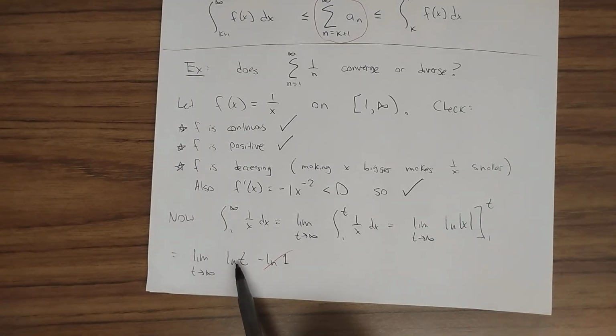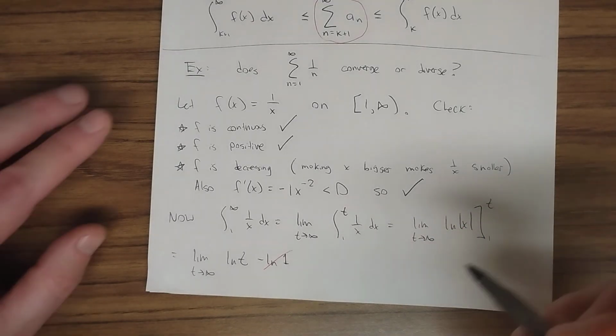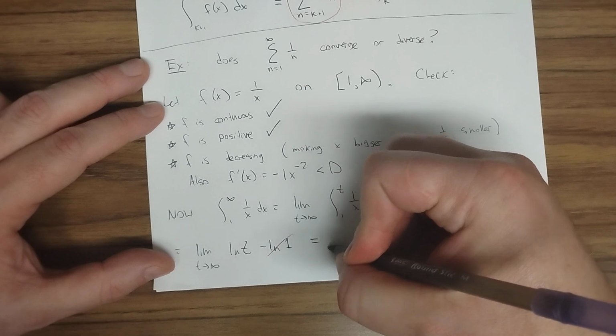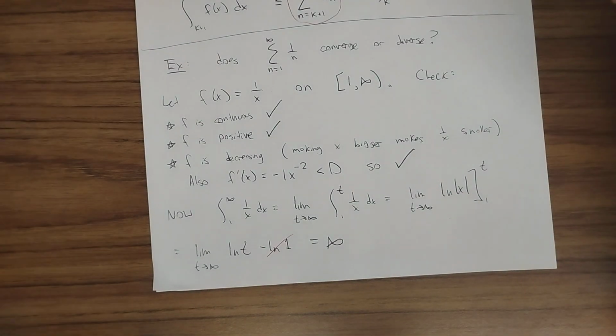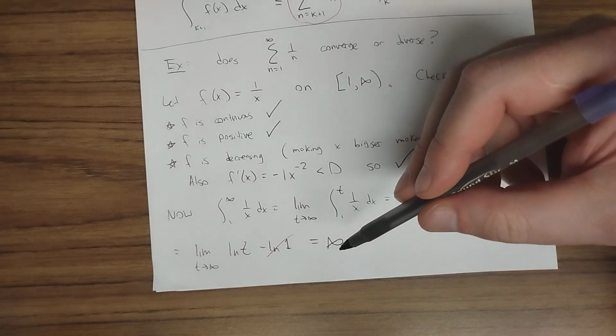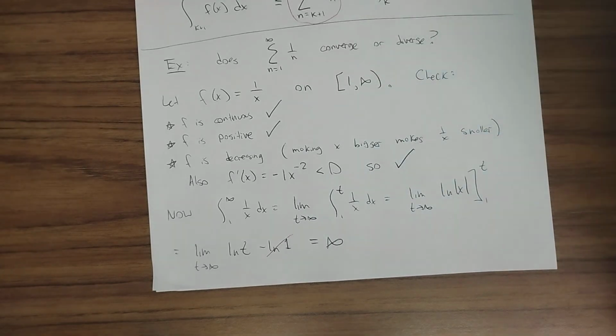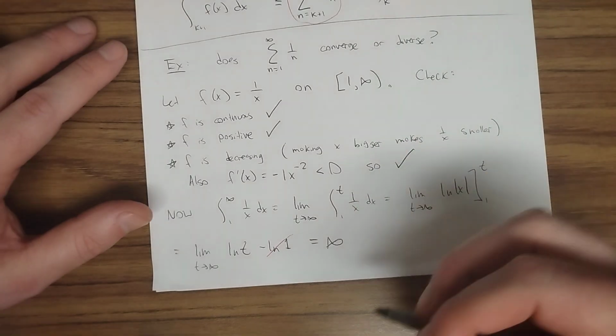As t goes to infinity, natural log t goes to infinity. So, in a sense, we just got an answer, but in terms of questions of convergence or divergence, if the answer is infinity, we say it diverges. We're not saying that it converges to infinity. That's kind of nonsense. We say it diverges.